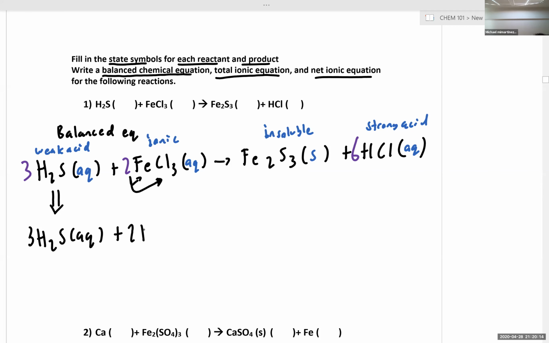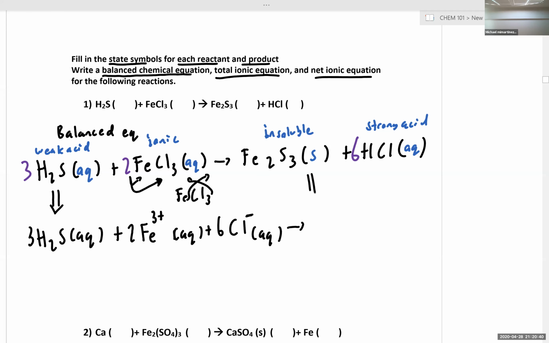That gives us 2 iron 3 plus. Remember, because if we take FeCl3 and cross our charges, that gives us iron 3 plus, aqueous. How many chlorides do we generate? 6. 2 times 3 is 6.